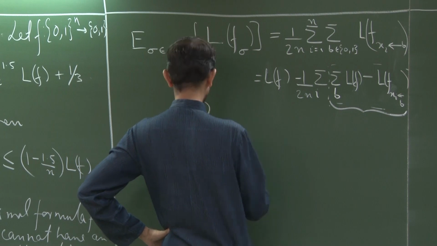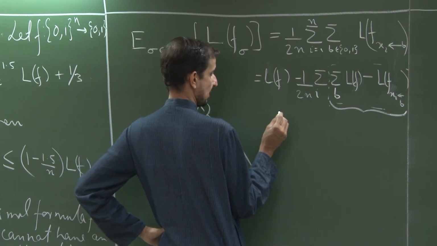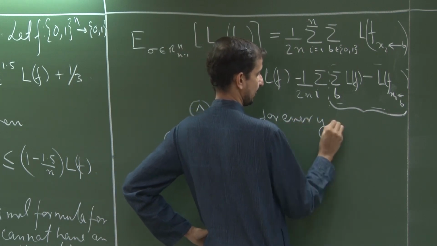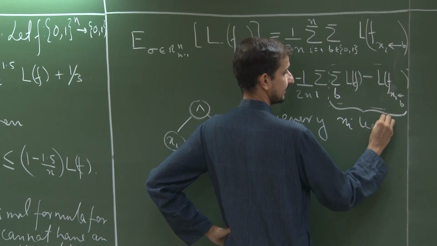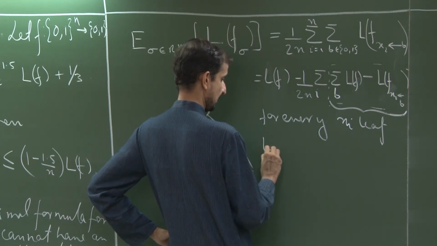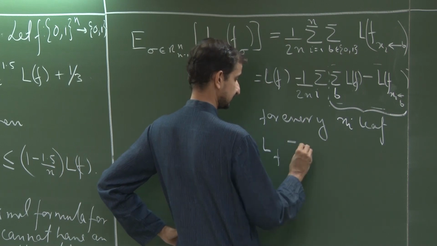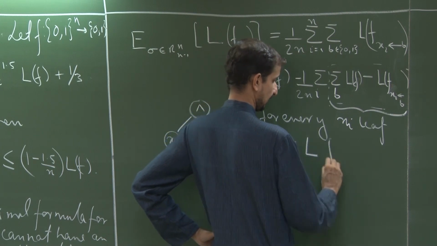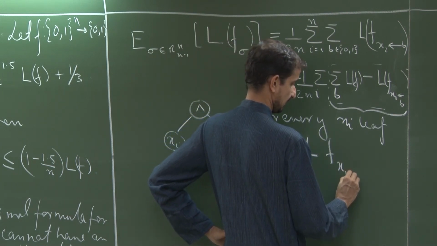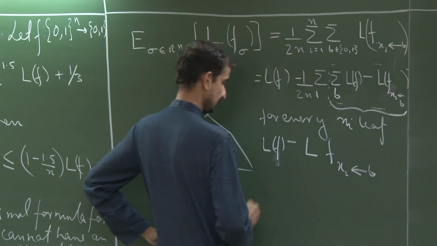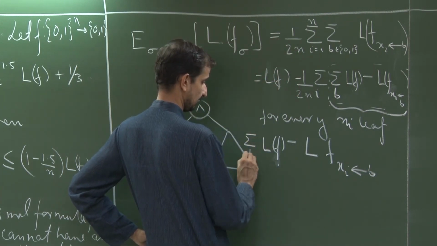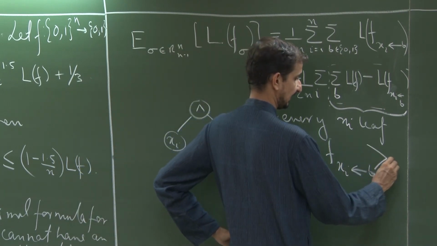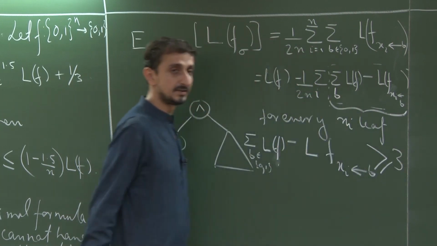So, what this is saying is that if we have a structure like this, then for every xi leaf, L of f minus L of f with xi getting a value b, and if I sum this over b belonging to {0, 1}, this is at least equal to 3.